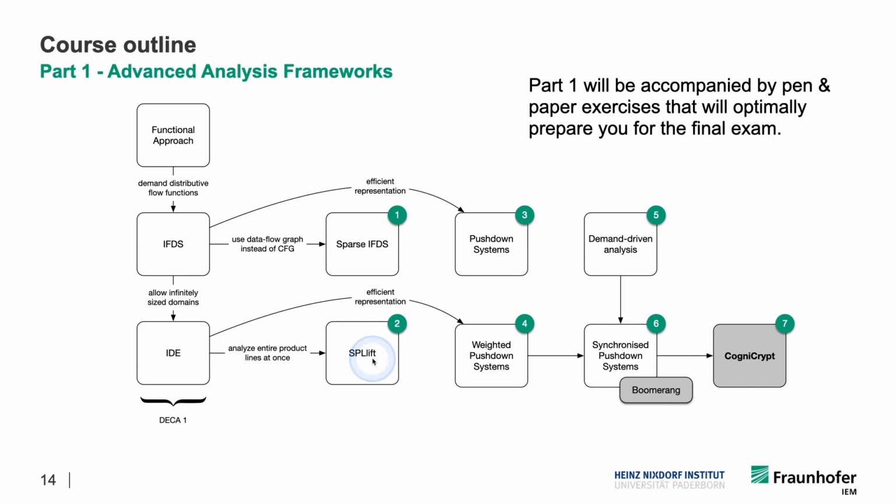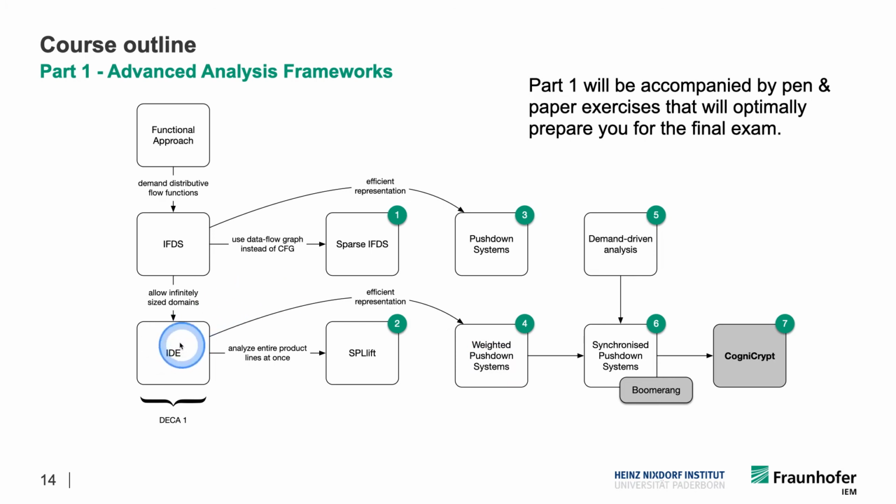Then another concept I want to talk about are so-called pushdown systems and weighted pushdown systems. So pushdown systems are a very clever and reduced representation. It's a very nice computational model that can be used to represent distributive problems. And in particular, pushdown systems more or less mirror what you can do with IFDS. And weighted pushdown systems more or less mirror what you can do with IDE.